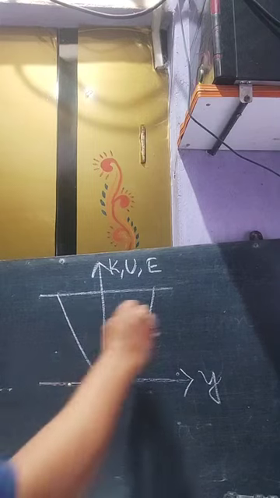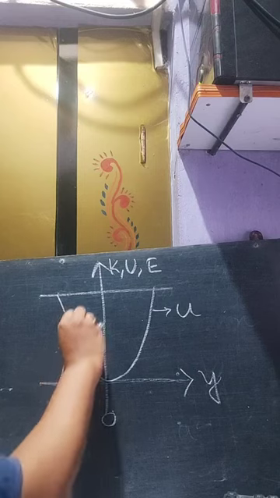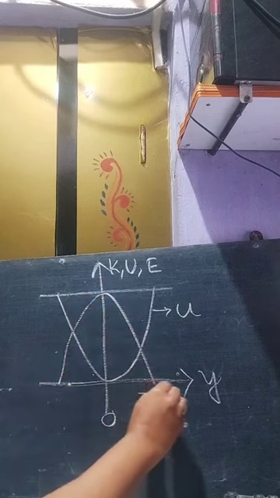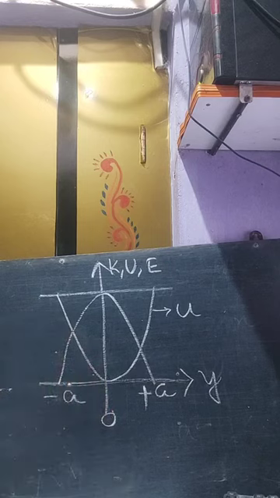This is potential energy, and this is the kinetic energy. It is minus A, it is plus A, it is minus A. So, this is the graphical representation of the energy for the SHM. Okay, hopefully it is clear.